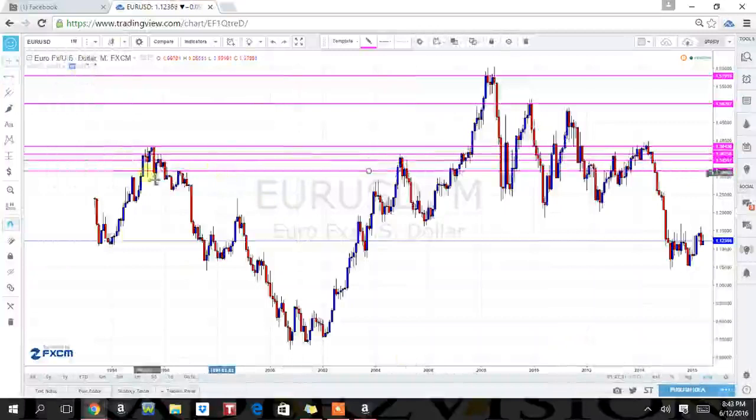So here's wicks. Wick to it. Failed. Came up, broke past above it. Didn't break it, so pushed the market up. Let's go back to the line chart.